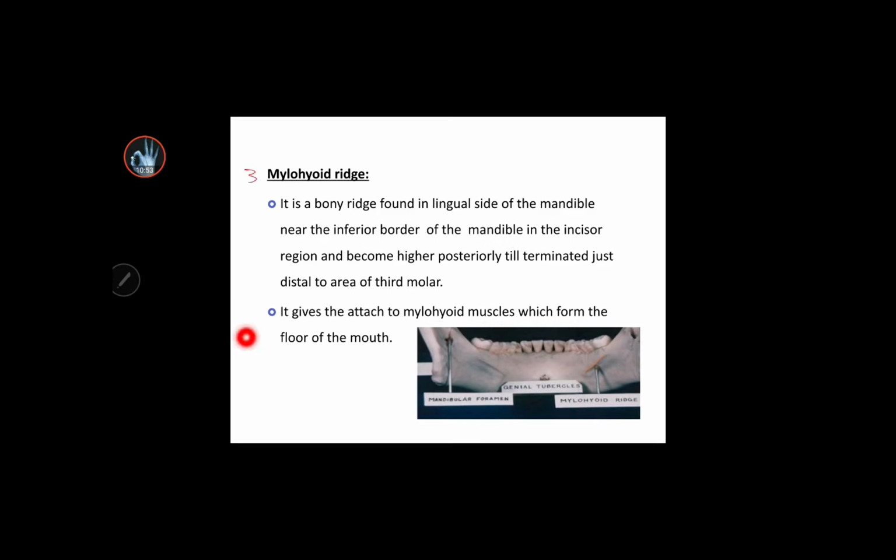The mylohyoid ridge, number 3. It is a bony ridge found on the lingual side of the mandible near the inferior border of the mandible in the incisor region. This is the mylohyoid ridge. It is in front here, and there is also a mylohyoid ridge here.